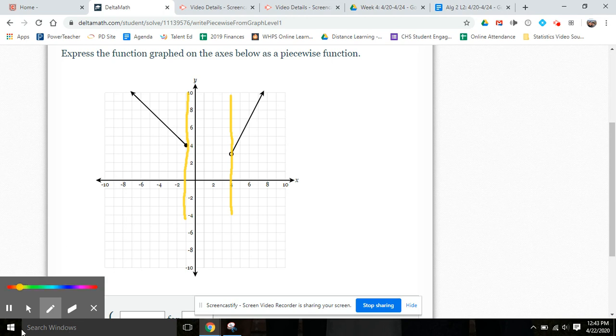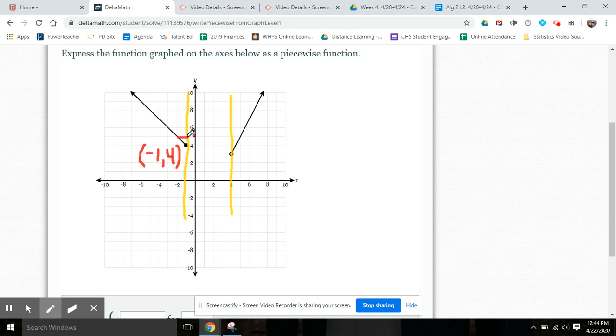So those are going to be my limits, my domain restrictions, but I need to now find the equation of the line. This point here is (-1, 4). I'm going to use that point, and I'm also going to look for my slope.